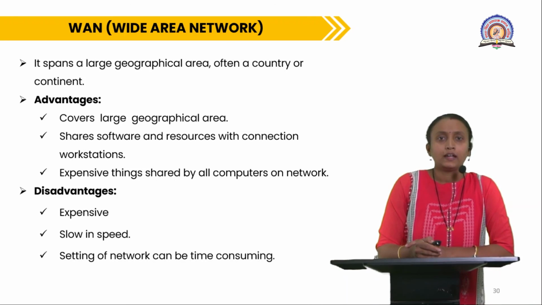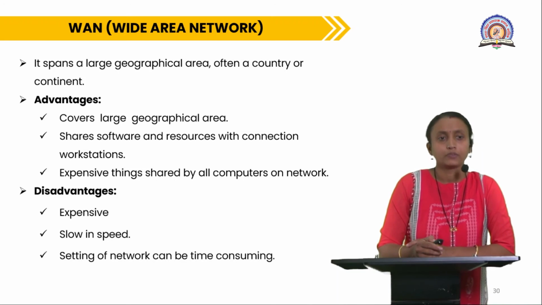Compared to LAN and MAN, it covers a large geographical area. It shares software and resources with connected workstations. Sharing an expensive thing by all computers on a network is possible with the help of WAN.